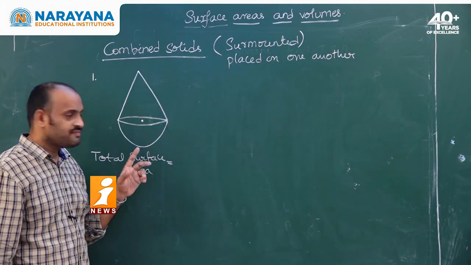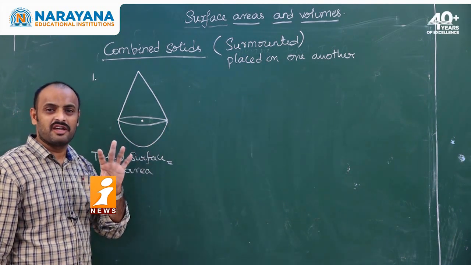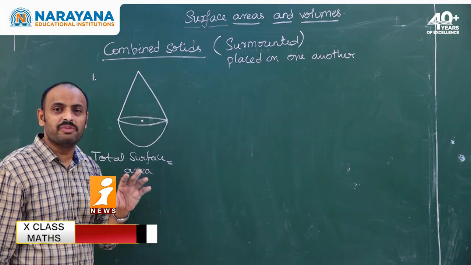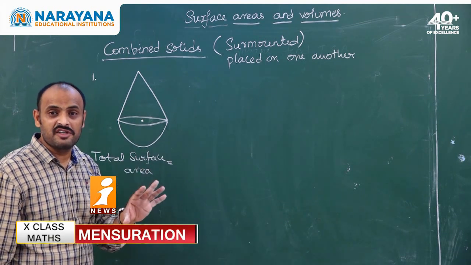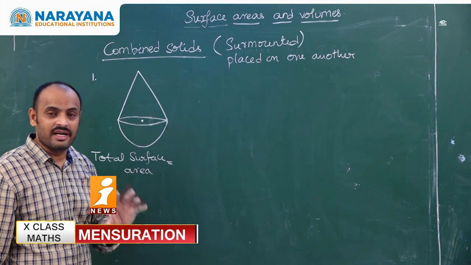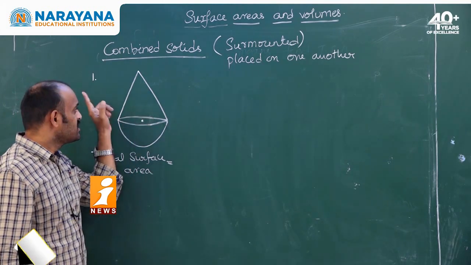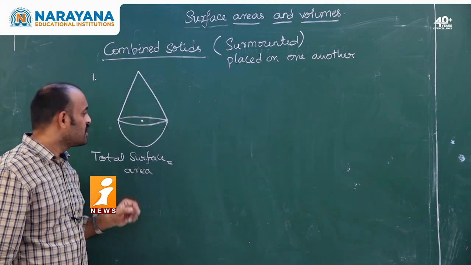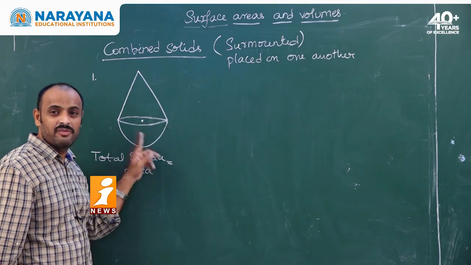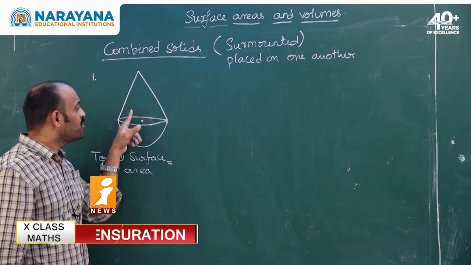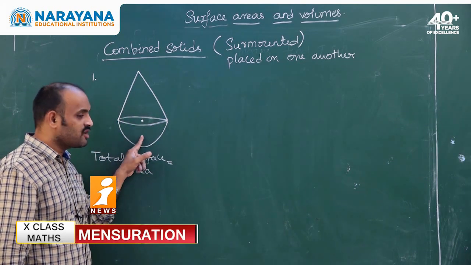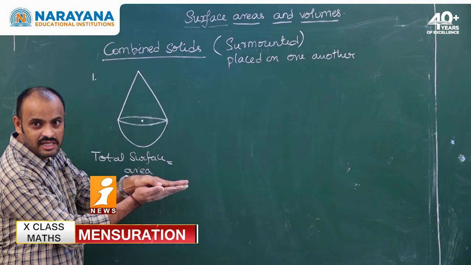If you observe, what do you mean by total surface area? Wherever surface is there, that should be added. So how many surfaces can I see here? I can see the CSA of the cone and the CSA of the hemisphere, because the base of the cone and the hemisphere are attached like this.